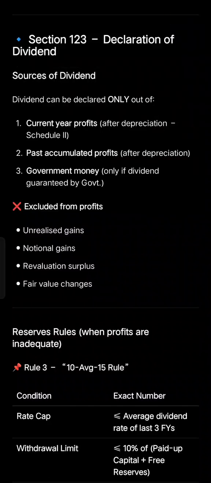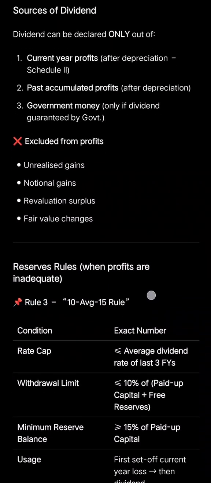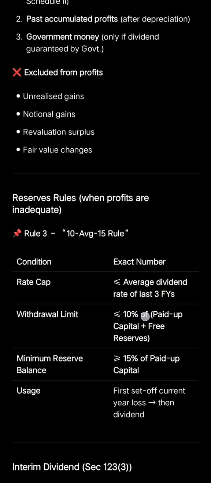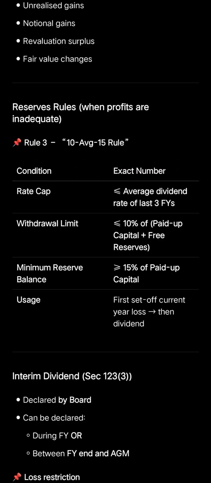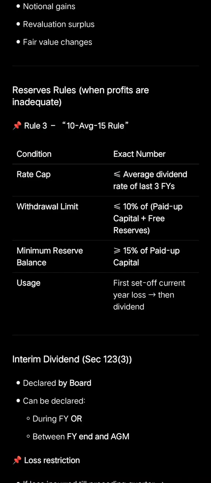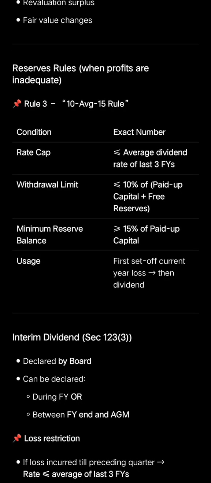What is excluded from profits? Unrealized gains like revaluation surplus, notional gains, fair value changes, etc. Revaluation reserves rules when profits are inadequate. The rate of dividend is capped at less than or equal to the average dividend of the last 3 years.